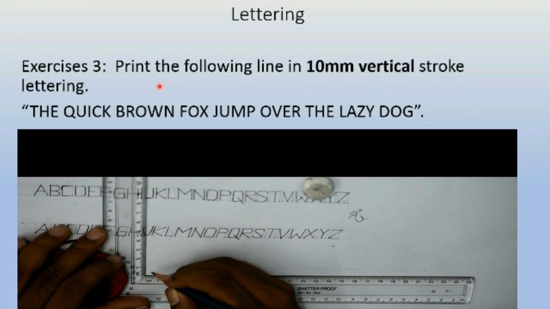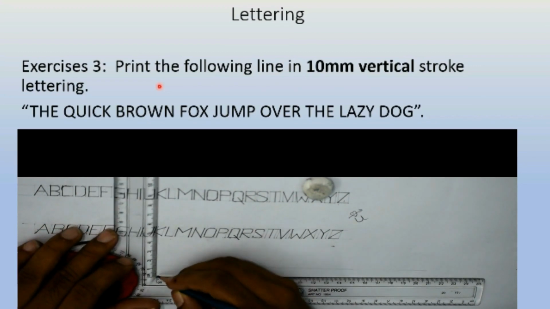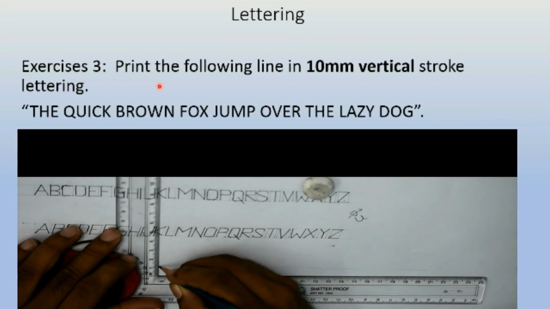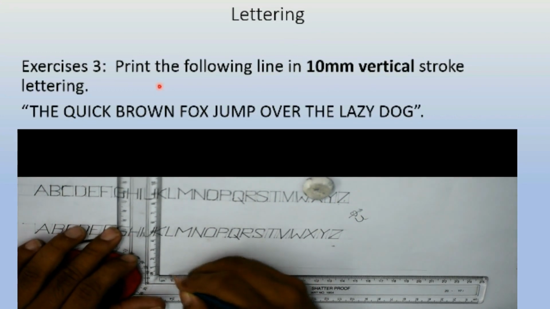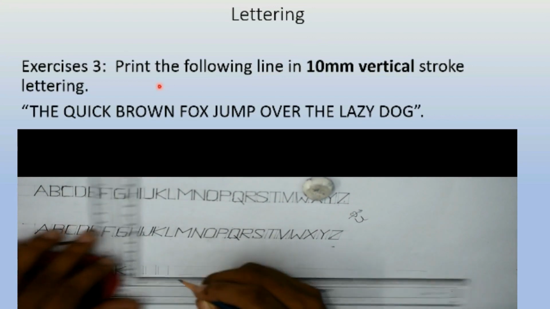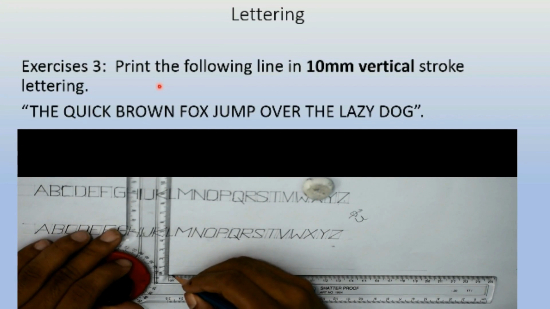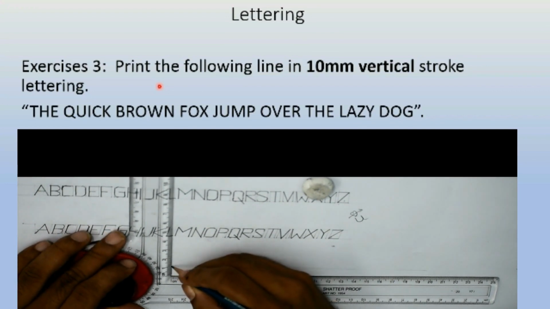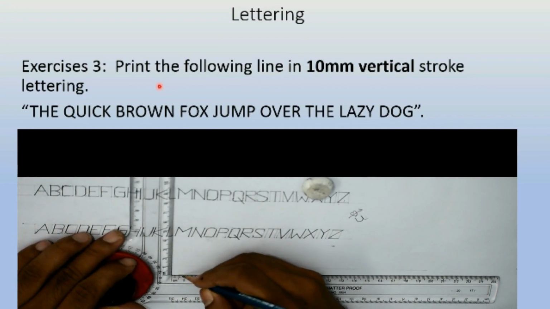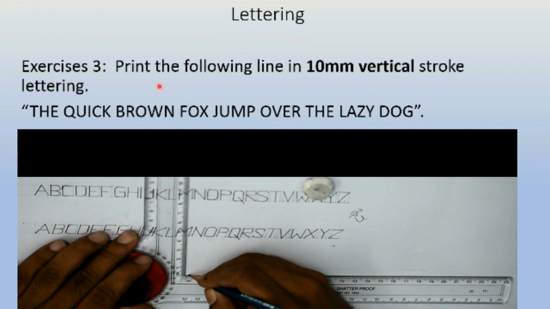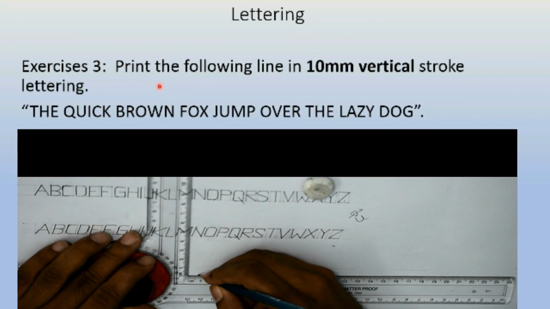This is for B. This is for R, and this is for O. B, R, O. But here the letter W is there, so I have to take 10 mm width for W, and 2 mm gap, 7 mm width.